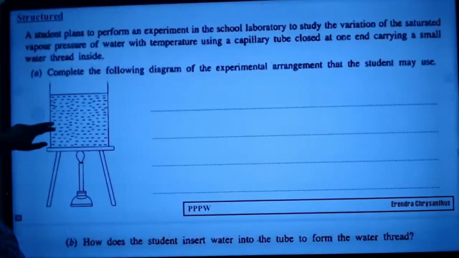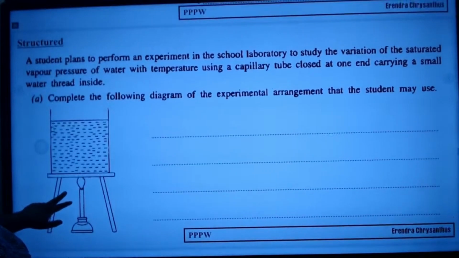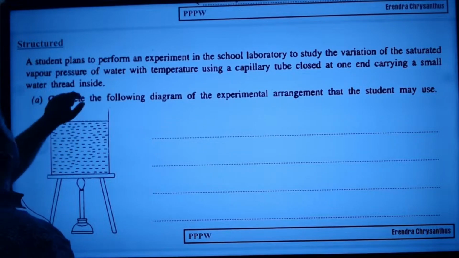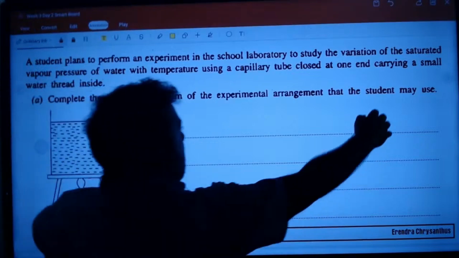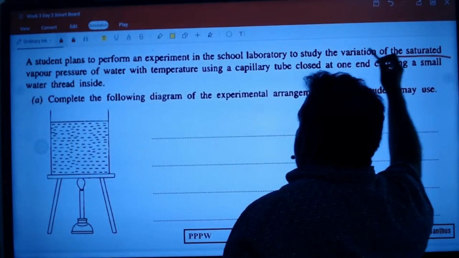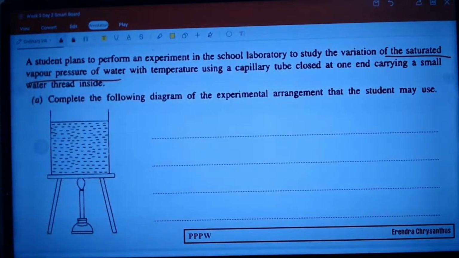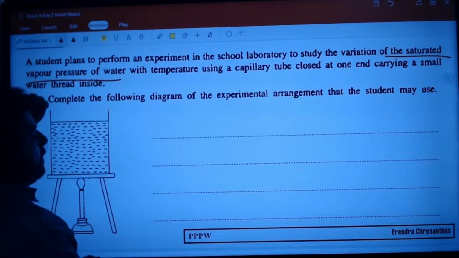Okay. A student plans to perform an experiment in the laboratory to study the variation of saturated vapor pressure. That's the key word: saturated vapor pressure. Complete the following diagram of the arrangement. Now this is like what?